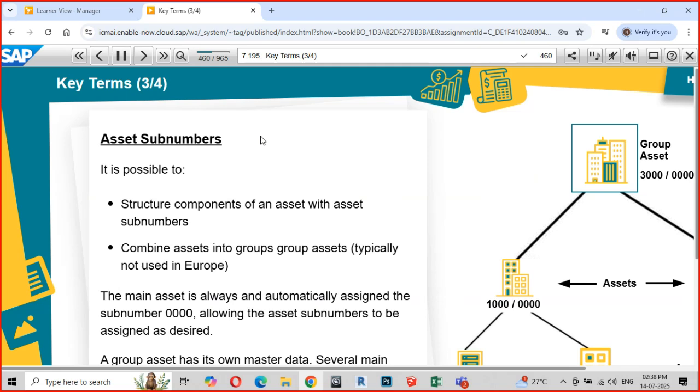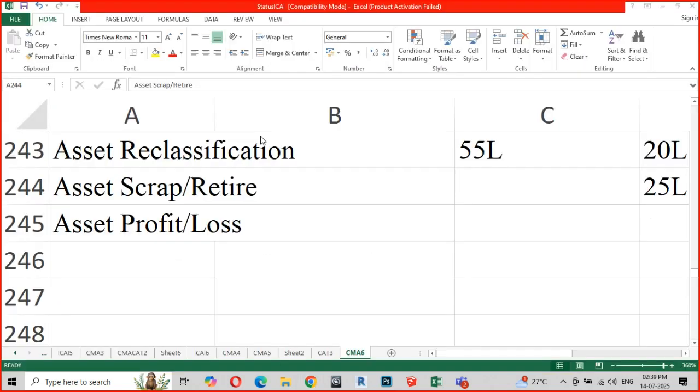It could be your chairs, your tables, your air conditioners, your laptops, your desktops. So each and every asset is identified by, now you have a unique employee ID, which identifies you as a unique employee of the organization.